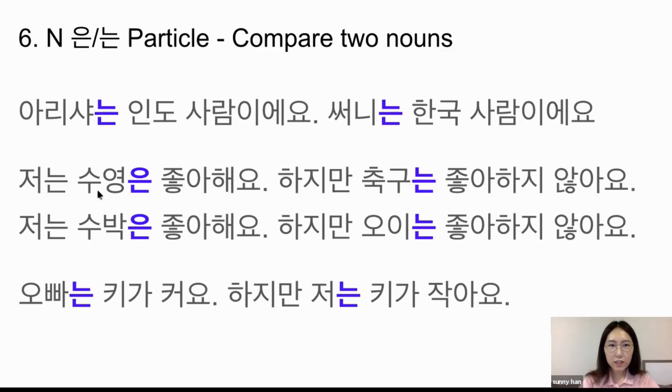We are gonna compare. You will understand it. 수영, swim, 좋아하다, like. 하지만, but, 축구, soccer, 좋아하지 않아요, don't like. So, I like swimming, but I don't like playing soccer, right?